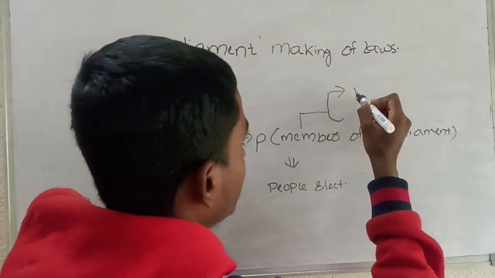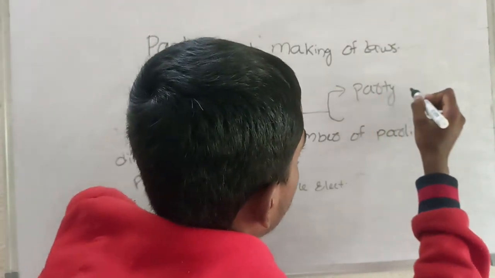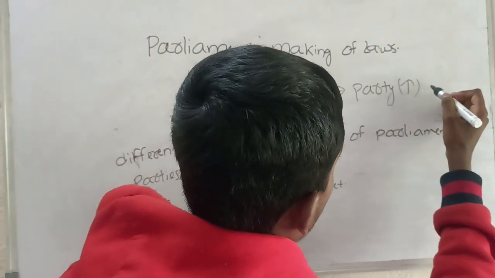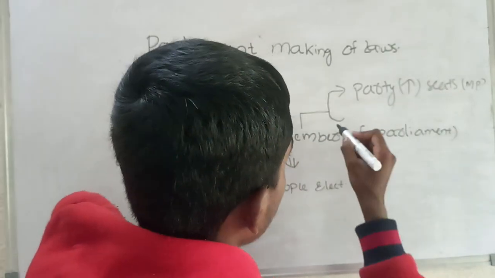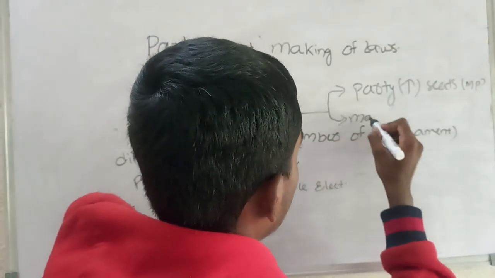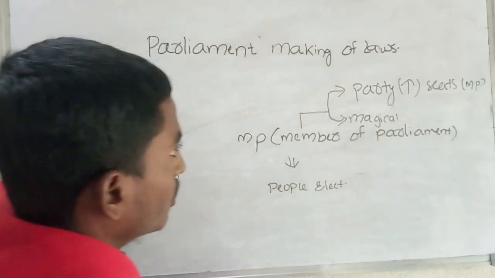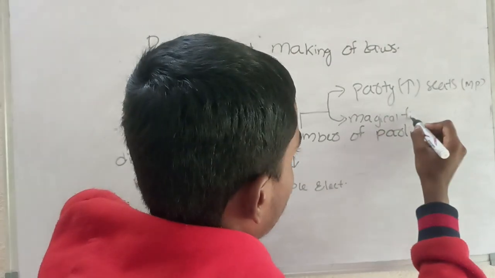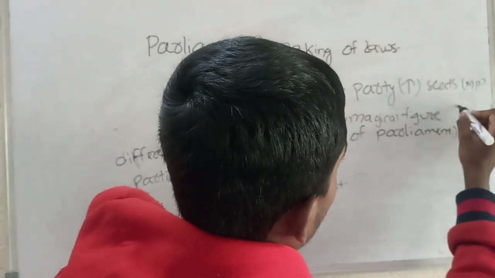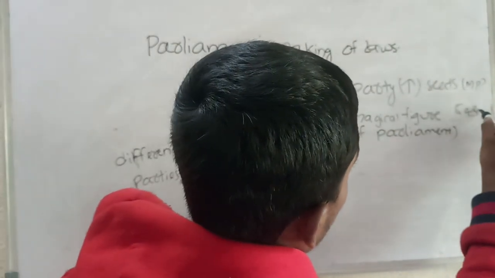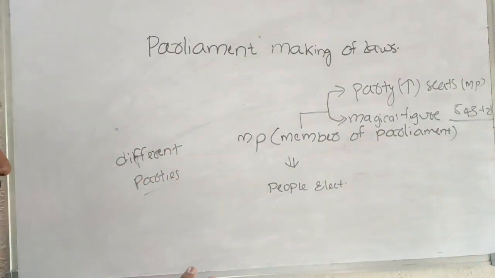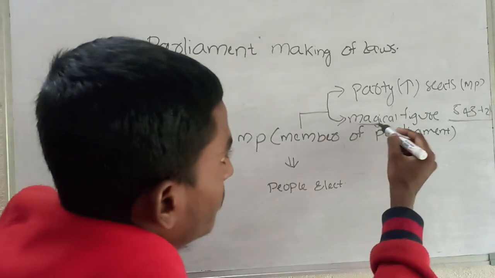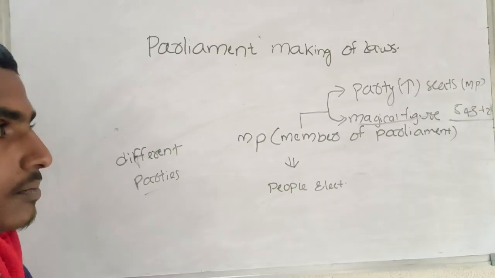If they cross the magical figure, that is, completely we have 543 seats plus 2 Anglo-Indian seats that are nominated, and they cross the minimum half of the seats, then it is known as the magical figure, and they form the government.